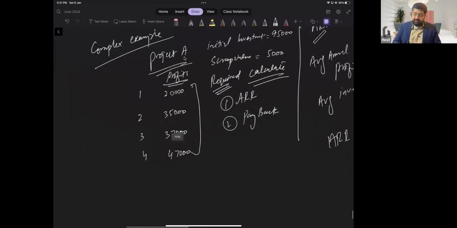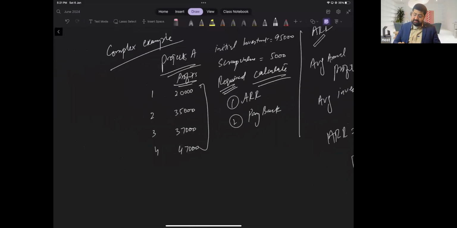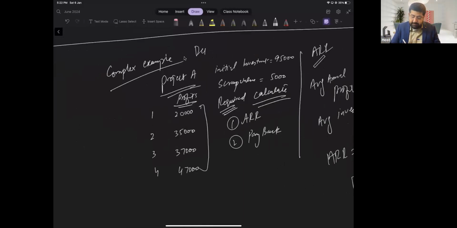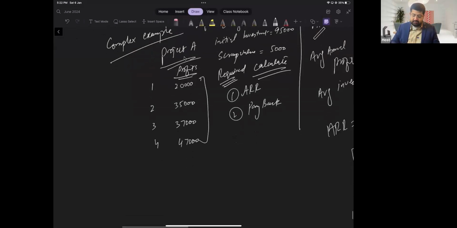Now, students, we need to calculate payback. And one more thing, depreciation is charged on straight line basis. Now, you see here.